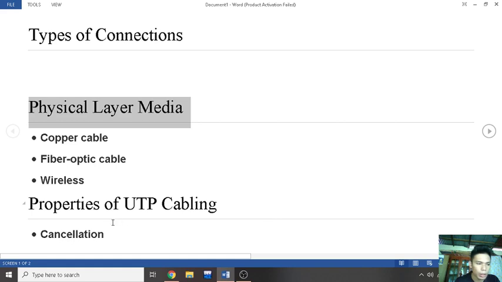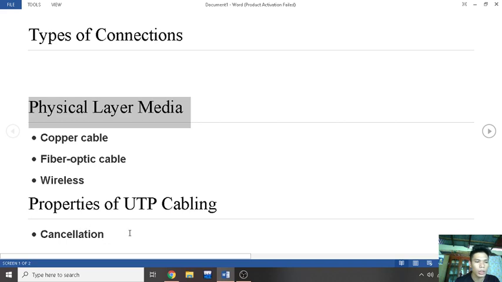UTP cabling does not use shielding to counter the effects of EMI and RFI. Instead, cable designers discovered they can limit the negative effects of crosstalk by, first, cancellation.